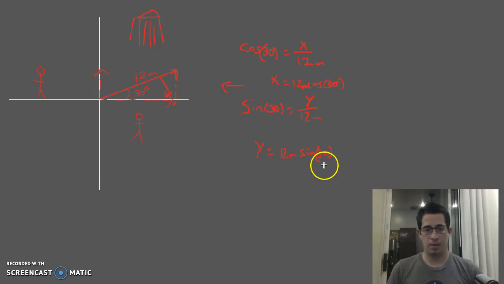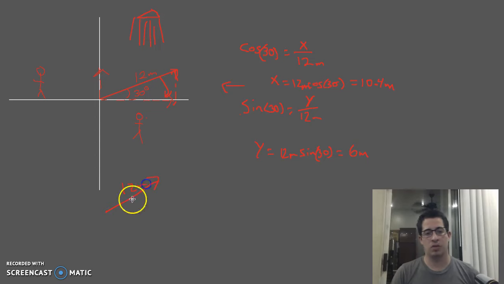And so we'll go ahead and plug those in real quick. For x, we get about 10.4 meters, and then for y, sine of 30 is 1/2, so we get about 6 meters. So we're saying that if this vector is 12 meters, with an angle of 30 degrees north of east, this component here is 10.4 meters and this component here is 6 meters, okay?